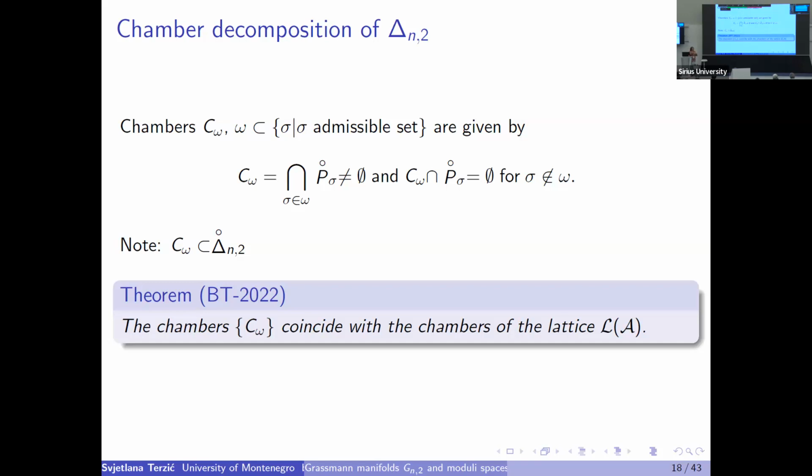We may have a lot of polytopes inside Delta n 2. These polytopes intersect and they form the chamber decomposition of Delta n 2. And what we proved is that the chambers defined by these polytopes coincide with the chambers defined by the lattice of this hyperplane arrangement.